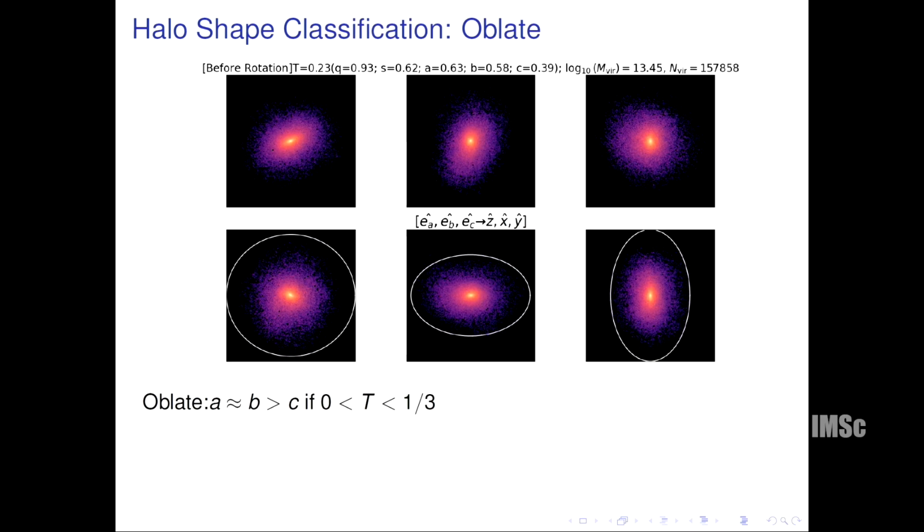So just the classification, this is an oblate halo. T is from 0 to 1/3, and if A is of order B and is greater than C, so it's basically like a pancake or a UFO. Okay. So this is basically the random orientation in the simulation, and here we have aligned the largest axis along the z-axis.